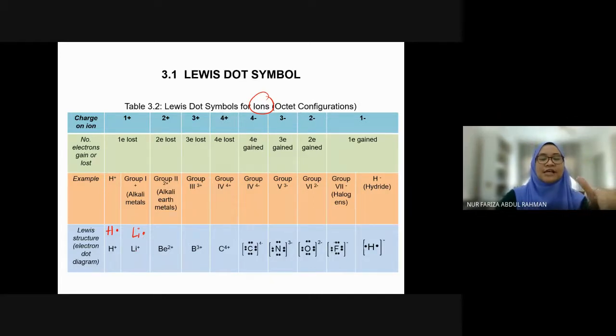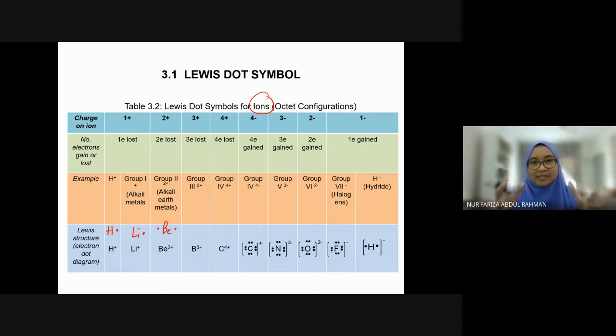Okay, that means we can write the lithium, okay, with the charge but without the dots, tanpa dots. Okay, same goes to beryllium. So initially this is how a beryllium atom looks like. Okay, we have two dots pada beryllium symbol. Okay, but once the 2 electrons have been removed, dia akan jadi beryllium 2 plus saja.